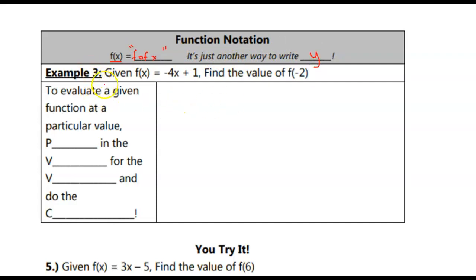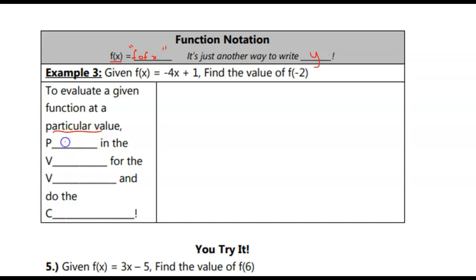So if I look at example 3, it says given f of x is equal to -4x plus 1, write the value of f of -2. All this means is if I input to the function a -2, what is the answer going to be? So if I input for x a -2, what is the answer? So to do this operation, we are going to evaluate the function at the particular value by simply doing this.